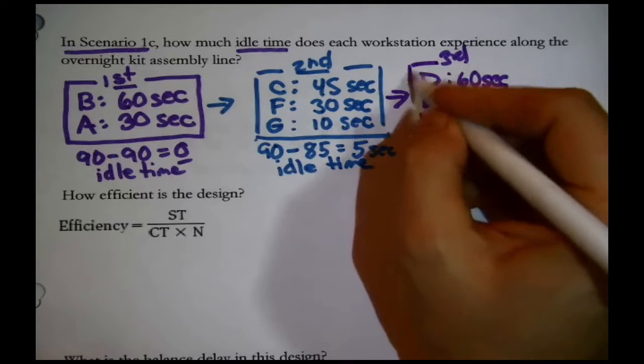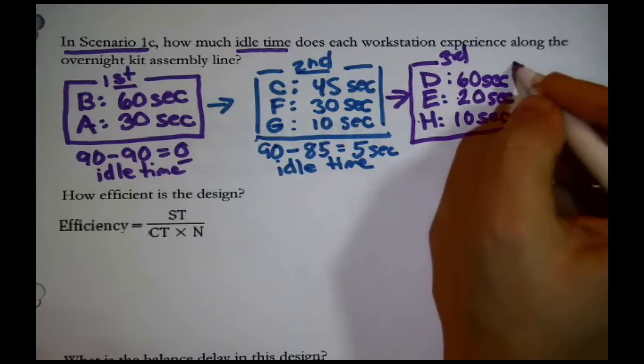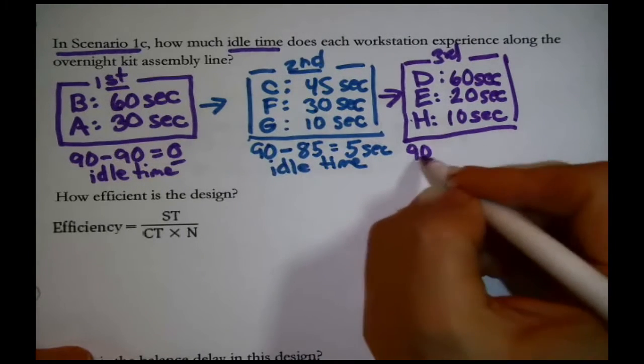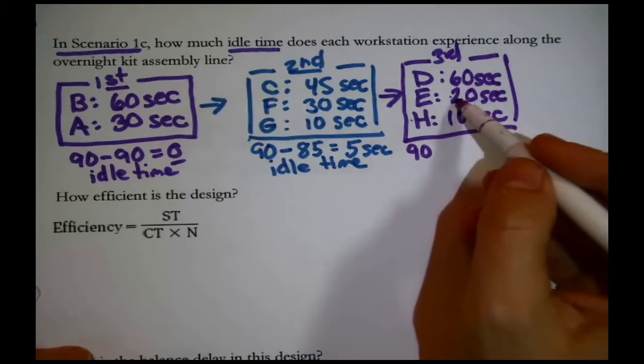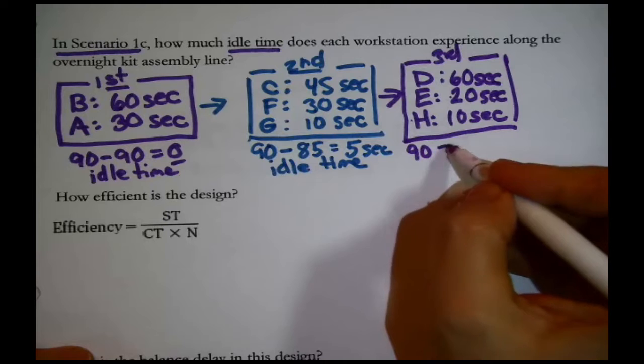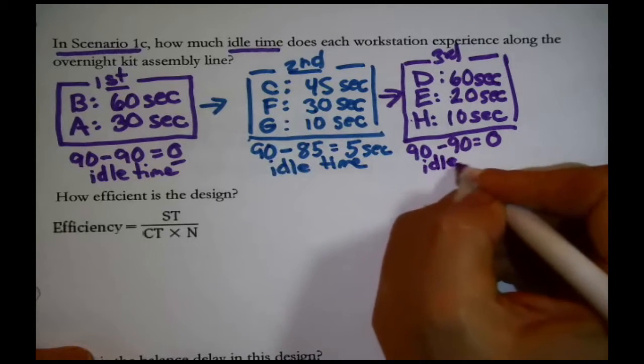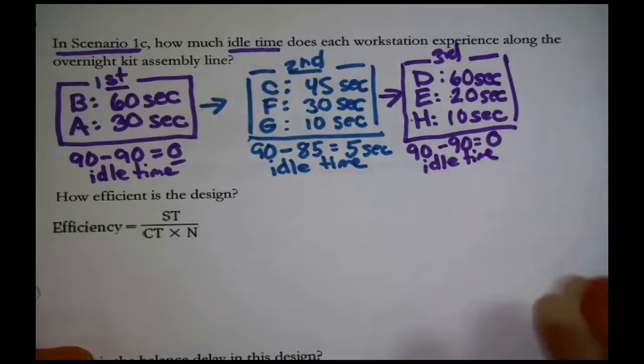We decided this when we did the line balancing. And you say, all right, well, idle. 90 seconds is what they have to work with. That's the cycle time. 60 plus 20 plus 10 is 90. Here is another workstation with no idle time.